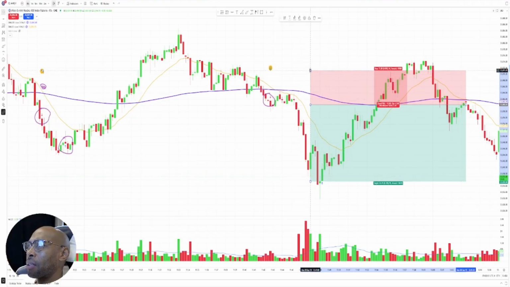But in hindsight, I really should have lowered my stop loss a little bit more, and it probably would have been about 6 points instead.